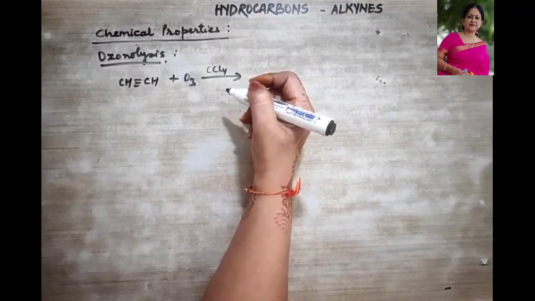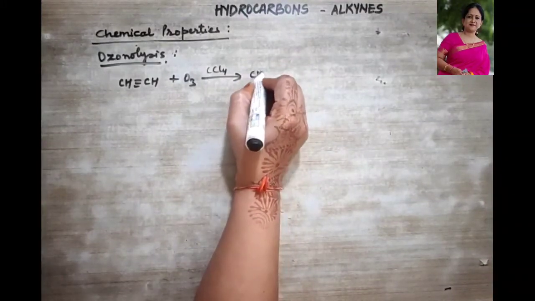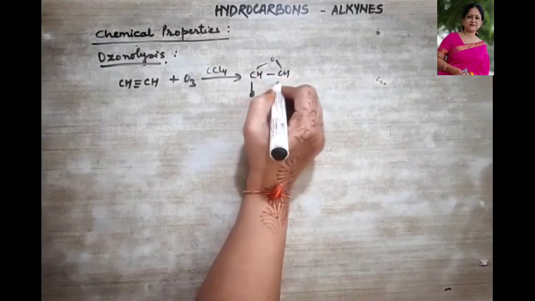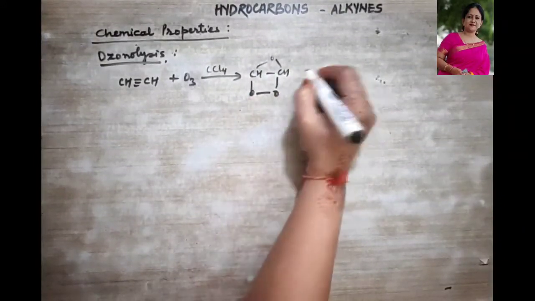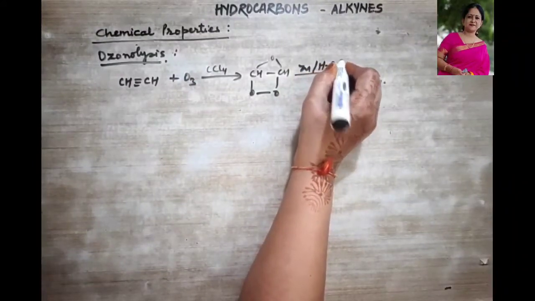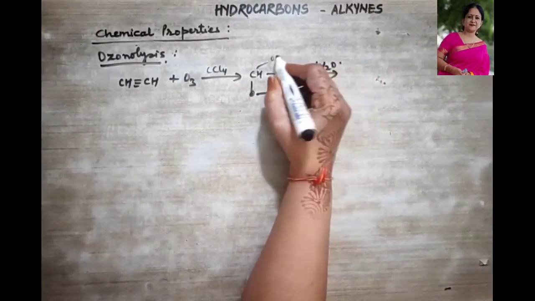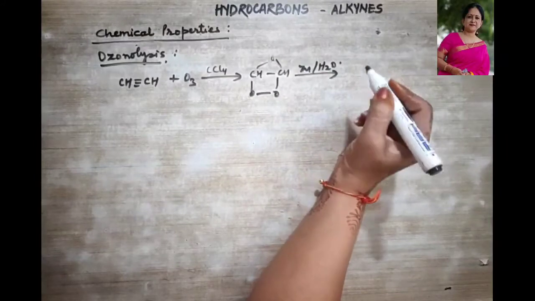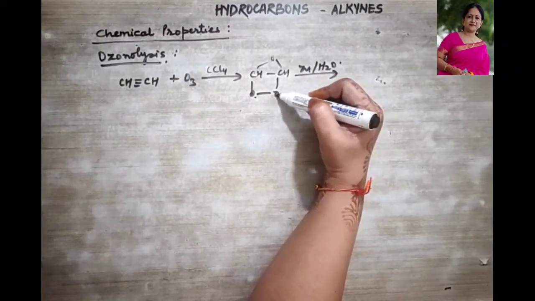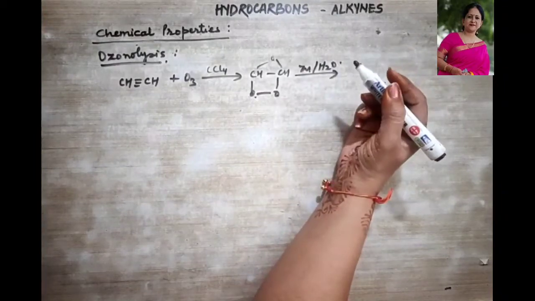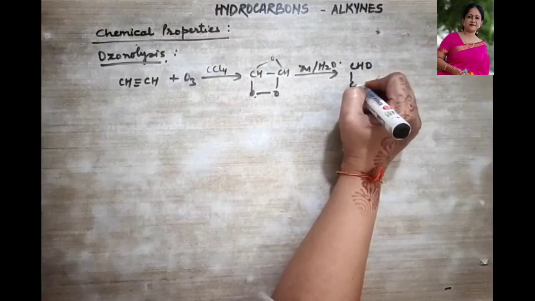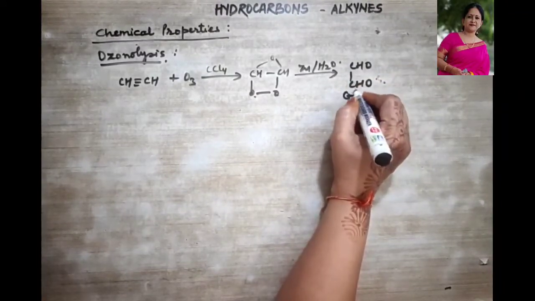It is first going to form an ozonoid, which further, when treated with zinc in the presence of water, removes zinc oxide, and what is it going to form? CHO, CHO. What is that called? Glyoxal, isn't it?